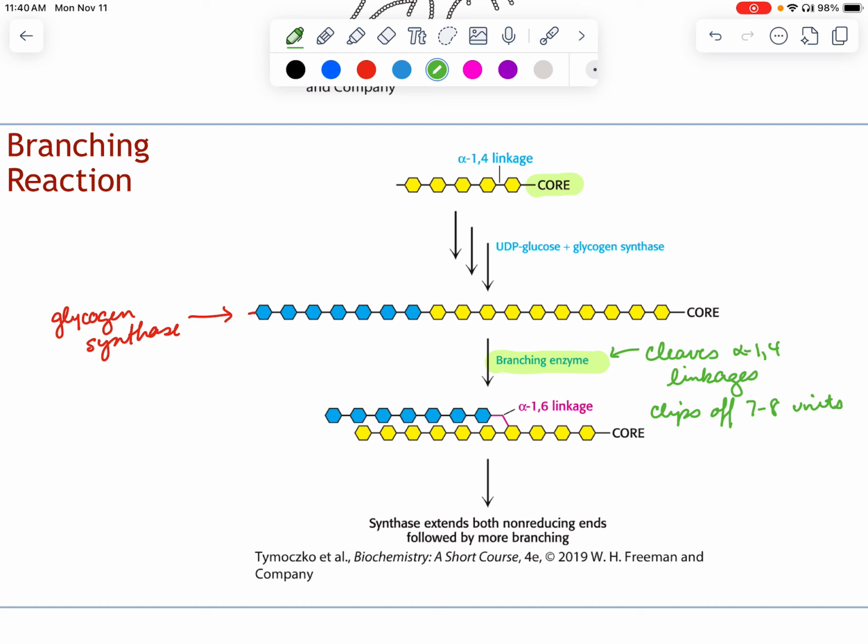Okay, and then it will come back and add them back on an earlier piece using an alpha 1,6 linkage. That new branch must be at least 4 residues from any previous branch point. Okay, so the synthase adds to the non-reducing ends and builds the straight chain.